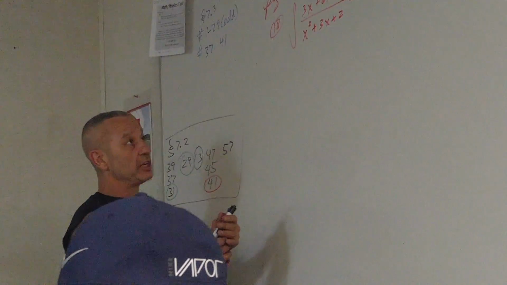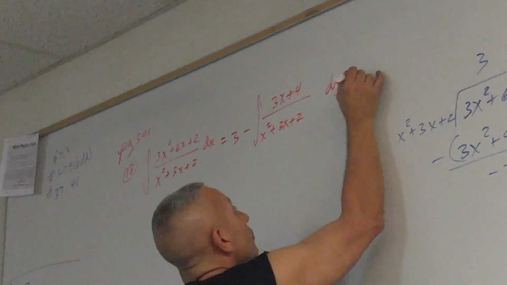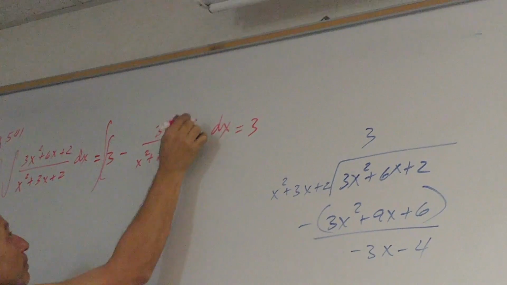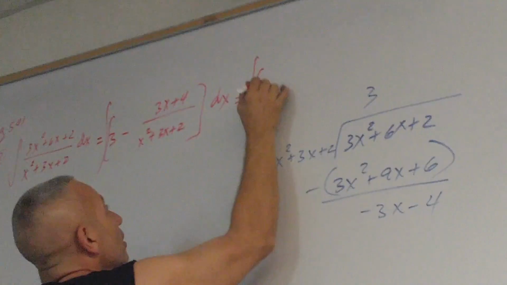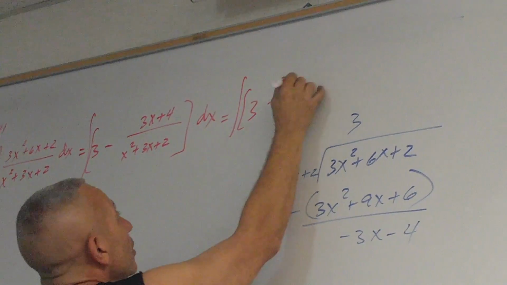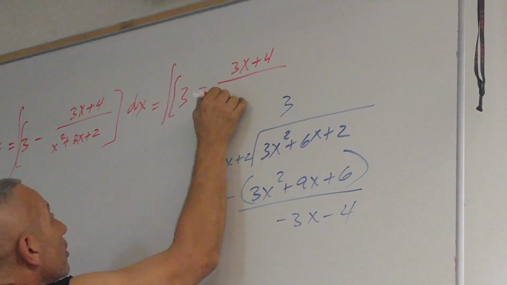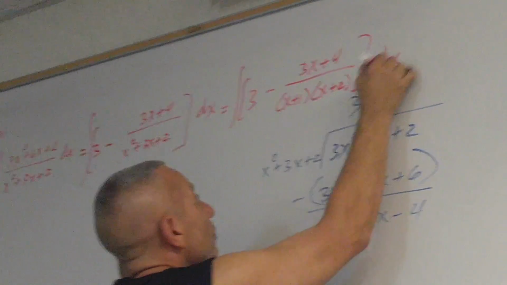Notice the denominator factors. This is 3, excuse me, that 3 is still inside the integral sign. How egregious of me. So this is the integral of 3 minus (3x plus 4) over (x plus 1)(x plus 2) dx.